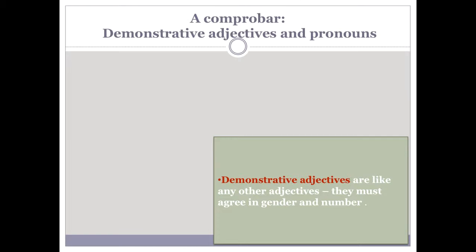Demonstrative adjectives are like any other adjectives. They must agree in gender and number. Remember the rule. If we're talking about nouns, then adjectives have to be masculine, feminine, singular, and plural, depending on what you're talking about.